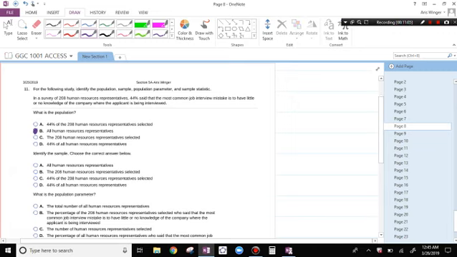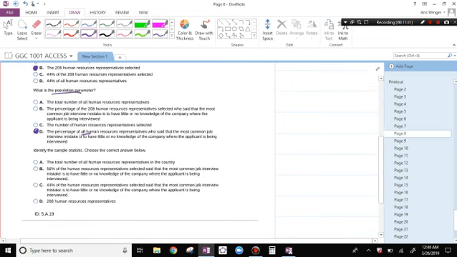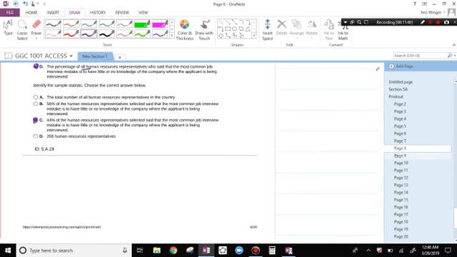The population parameter, we wanted to know the percentage of all human resource representatives who said this, right? So it's just all, because it's the population. And the sample statistic is this 44% number, right? It's just data about the group that you've taken.